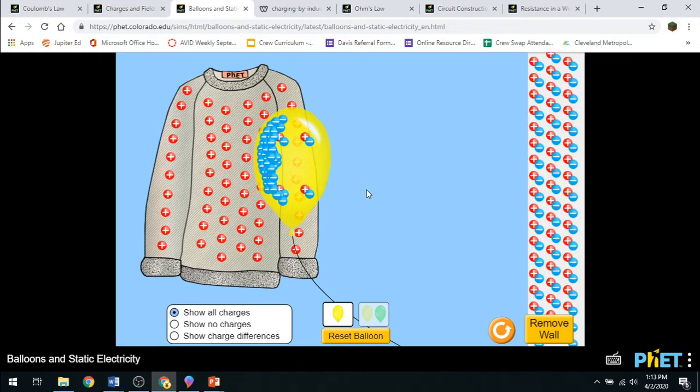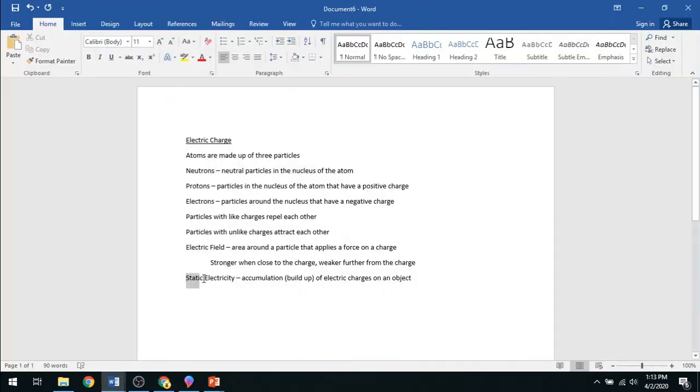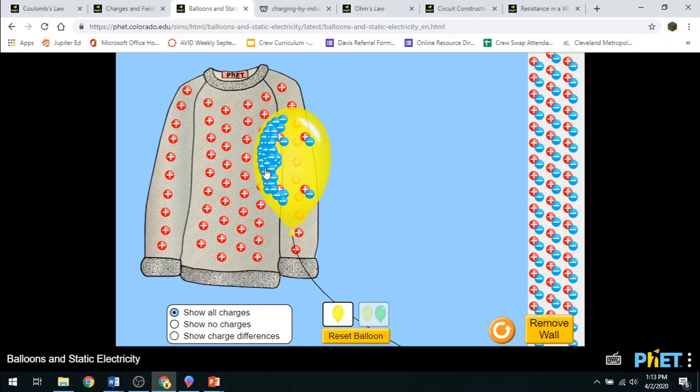So static, when we say static, static means it's still or doesn't move. Okay, so the electrons here are static; they're staying on the balloon. Okay, so when the balloon here touches the sweater, there is a transfer of charges.